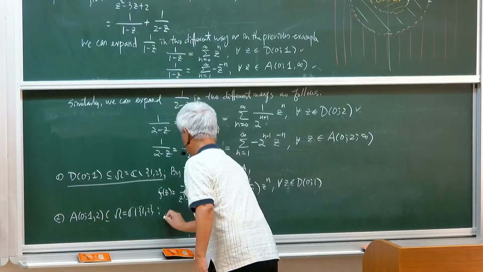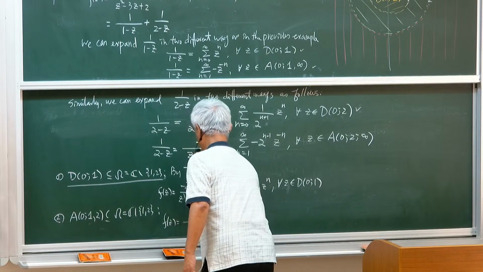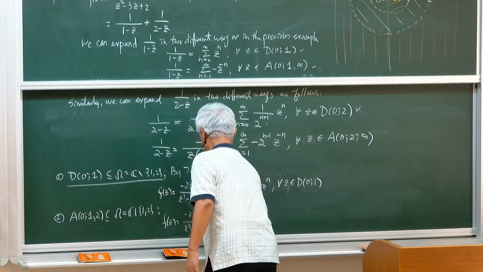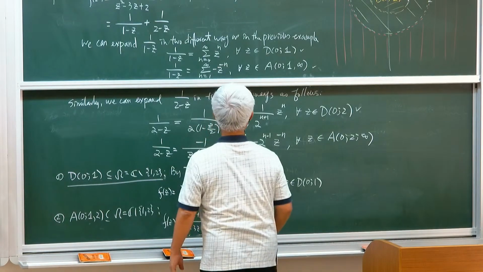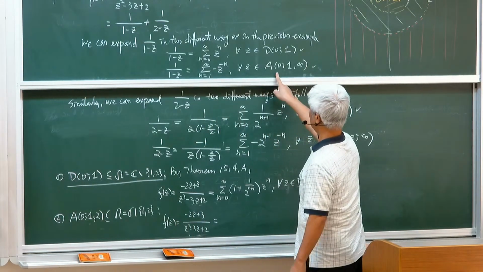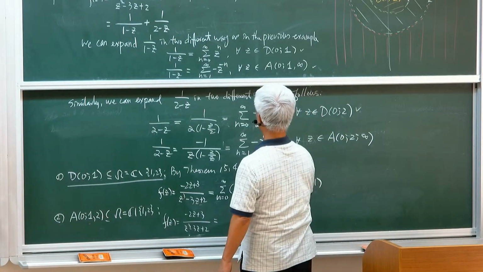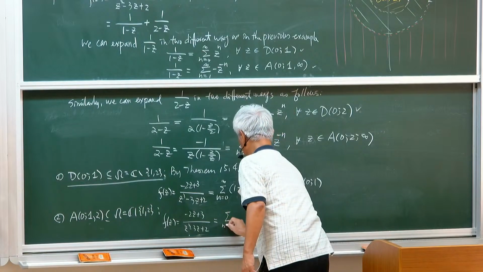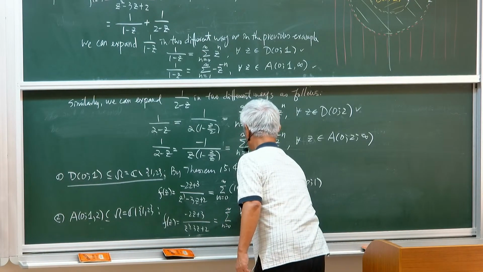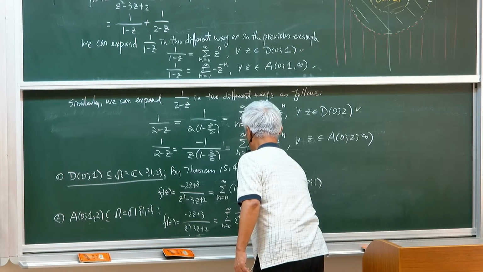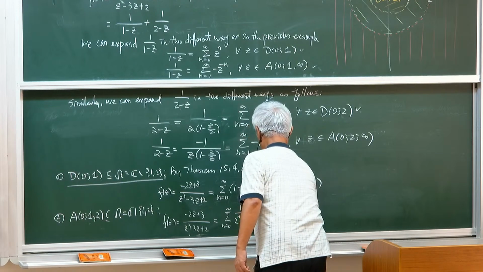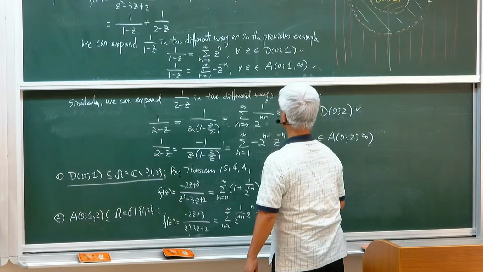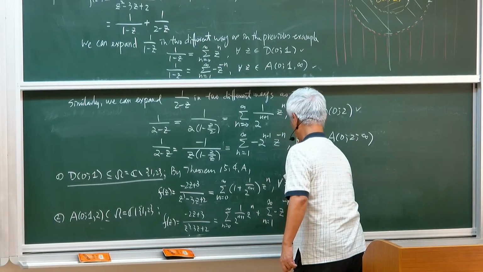So in this case, f(z) has, so this one and the other. So we have the summation n equal to 0 to infinity, 1 over 2 to the n plus 1 times z to the n, plus the summation n from 1 to infinity of minus z to the minus n.